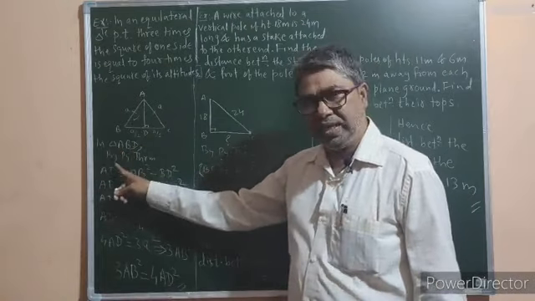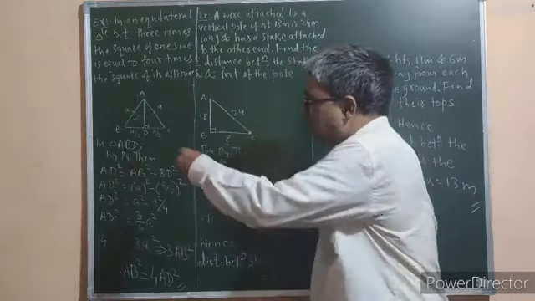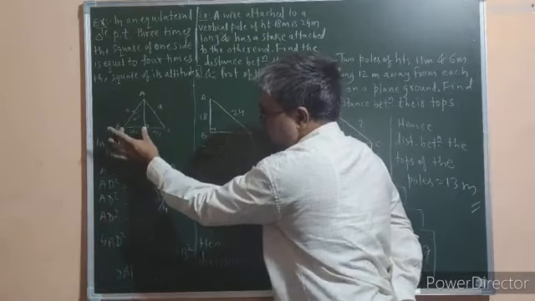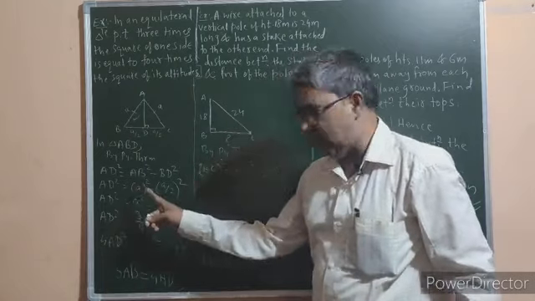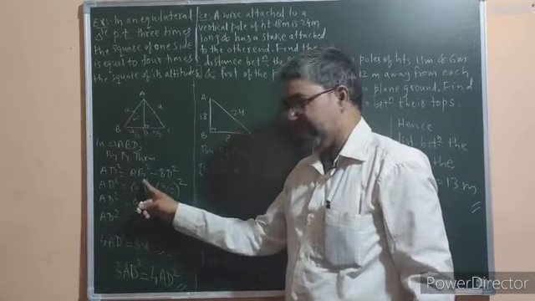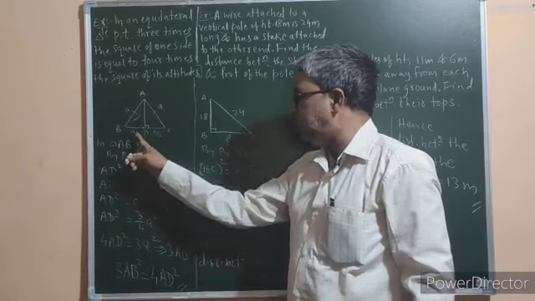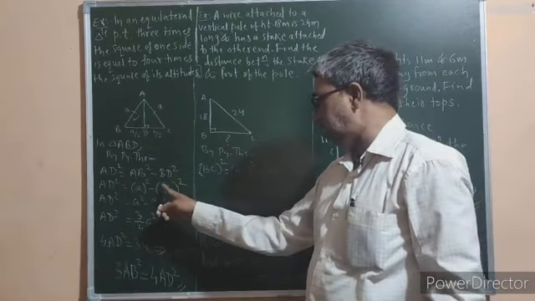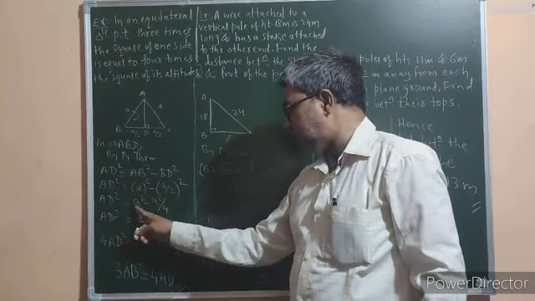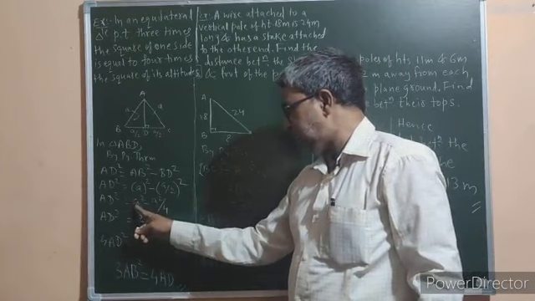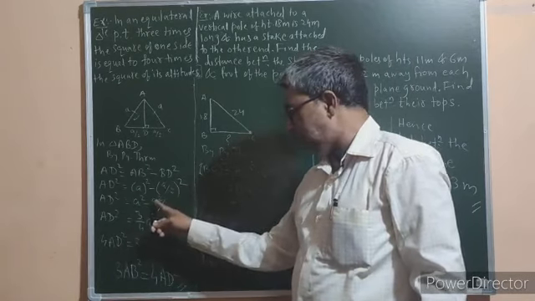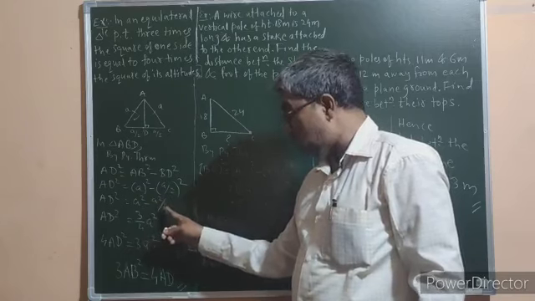In triangle ABD, by applying Pythagoras theorem, AD square is equal to AB square minus BD square. Now let us substitute the values. AD square is equal to value of AB is a, bracket square, minus value of BD is half a, that is a upon 2, bracket square, and this is equal to a square minus a upon 2's square, which is a square minus a square upon 4.